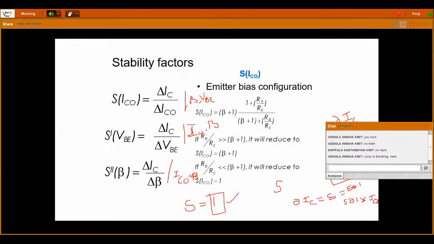So the circuit which provides poor stability is the fixed bias circuit, whereas in the voltage divider biasing network, with these RB and RE values, where the base resistor is the Thevenin base resistance, if I take R1 and R2 as well as the RE value far less than beta plus 1, choosing the values of R Thevenin and RE far less than beta plus 1, then I can maintain the stability equal to 1.